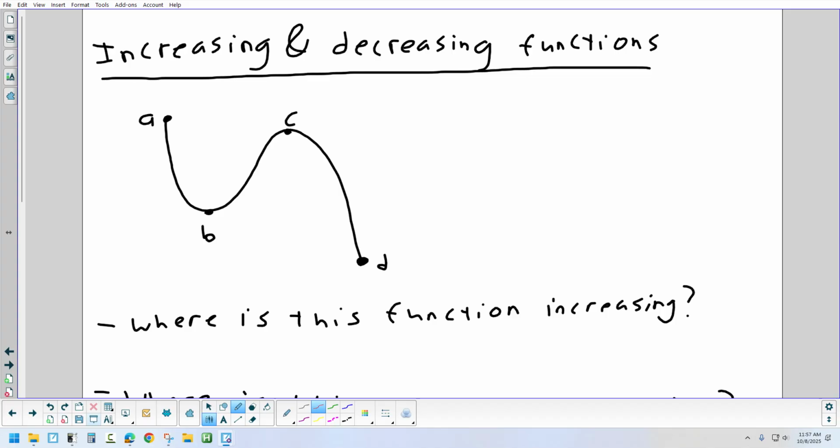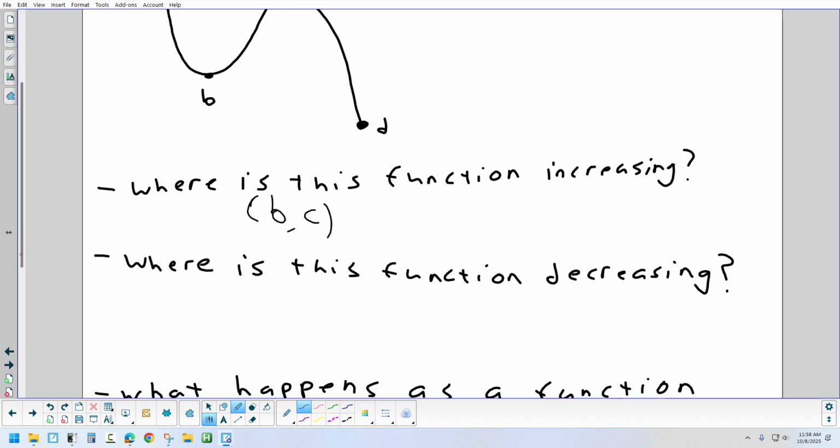From B to C. So it's increasing from B to C. You don't include the B or the C. Because imagine you were standing at point C. What kind of slope would it feel like if you were standing exactly right there? Flat. You wouldn't be feeling like you're going uphill. You wouldn't feel like you're going downhill. You're not going up or down. You're flat. Okay, so we don't include the C. So yeah, it's increasing from B to C.